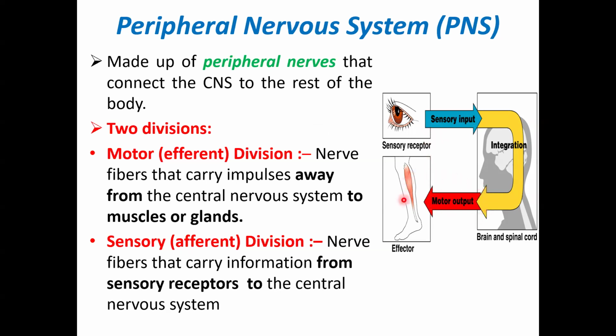The motor division, we call it efferent. Here, I will find the nerve fibers that carry impulses away from the central nervous system to reach the muscles and the glands. While the sensory division is called afferent. These fibers carry information from the periphery, from the body, from the receptors, to the central nervous system.